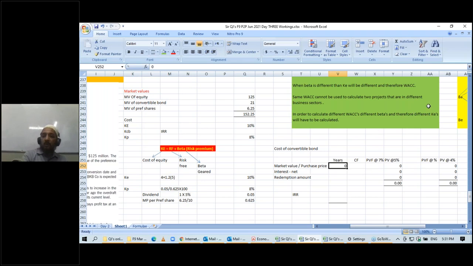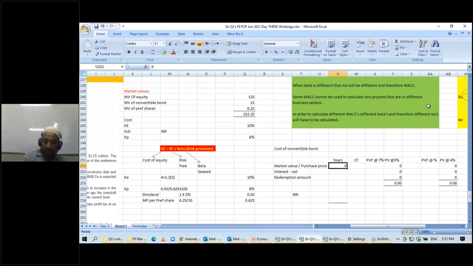What are convertible bonds? A convertible bond is a bond which bears an option at the choice of the investor that he can either ask for cash at the time of redemption, when the bond matures. For example, in this case, after 5 years, he can ask for $100, which is the face value, or he can ask for the number of shares, which are 19.